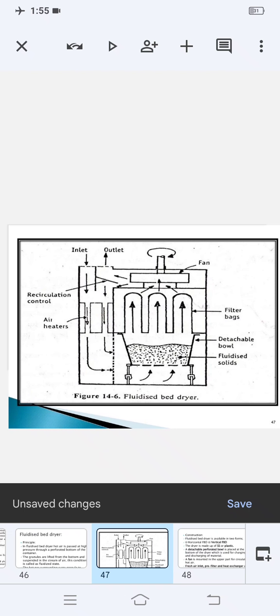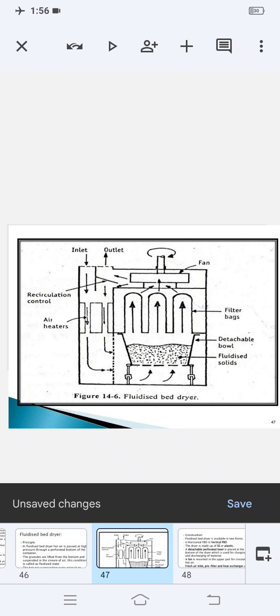A fan is mounted in the upper part for circulating the hot air. Fresh air inlet, pre-filter and heat exchangers are connected serially to heat the air to the required temperature. As the temperatures of the hot air and exit air are monitored, bag filters are also placed just above the drying bowl for the recovery of the fine powder.